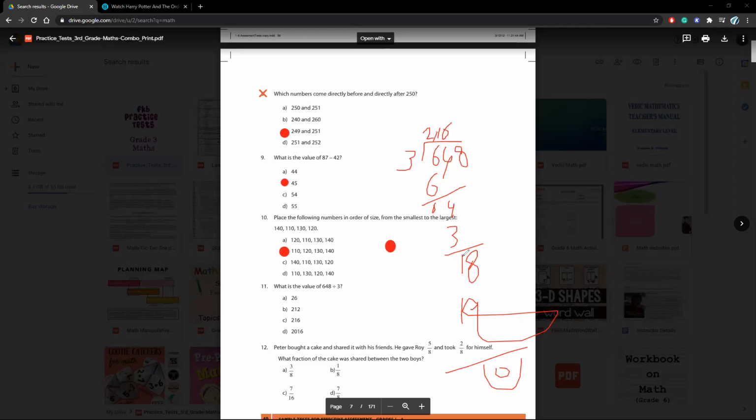Now that we have a 1, we can drop down the 8. Then 3 times what equals 18? Well, 3 times 6 equals 18. So 18 minus 18, we get 0. And now this bottom part is not our answer. The top part is our answer.